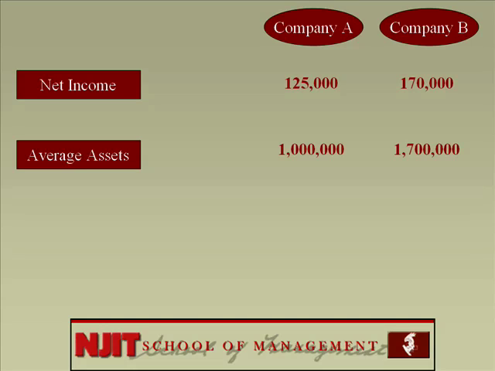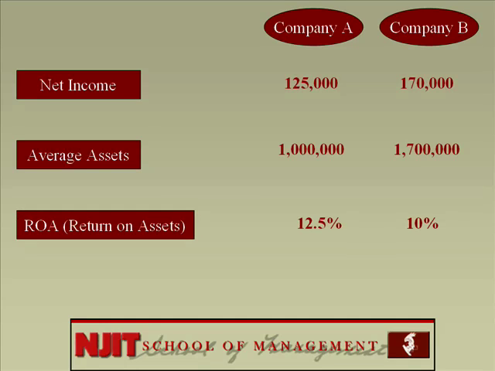Now, what's the return on assets? It's net income divided by average assets. That's the formula. Write this down. Return on assets, ROA, equals net income divided by average assets. And when you compute it, you get 12.5% for A and 10% for B.